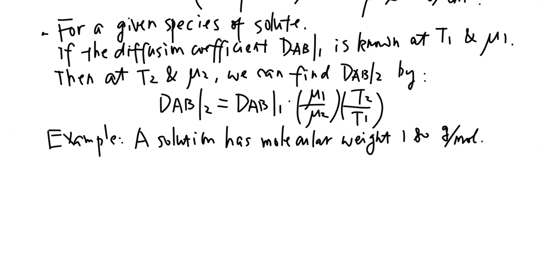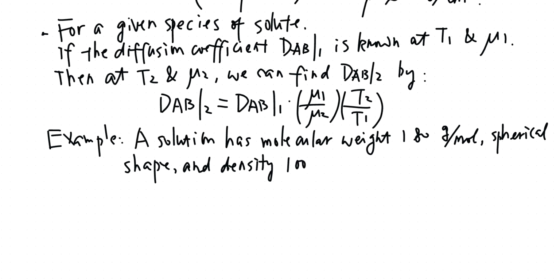We know that it's spherical in shape. And the density is given. Even if it's not given, you can just assume it's the same as water, so 1,000 kilograms per meter cubed. Estimate its diffusion coefficient in water at 25 degrees C.